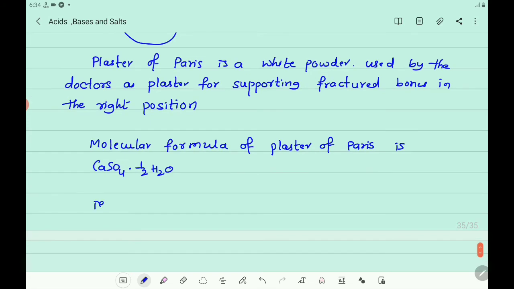That is, you can write (CaSO4) twice H2O. Actually, two molecules of CaSO4 are attached to one molecule of water. Generally, we take it as CaSO4 half H2O.